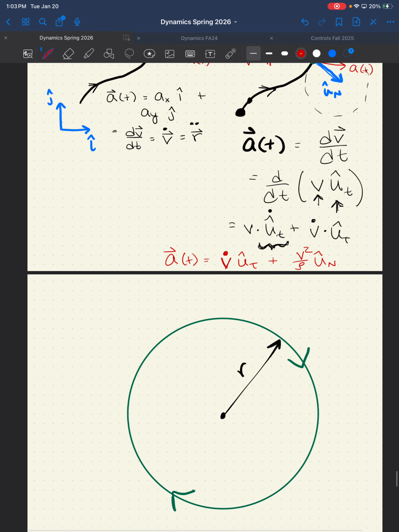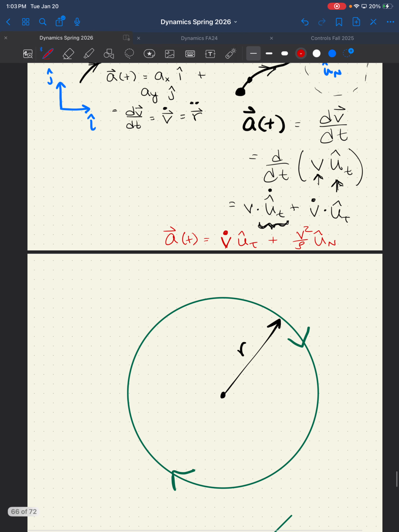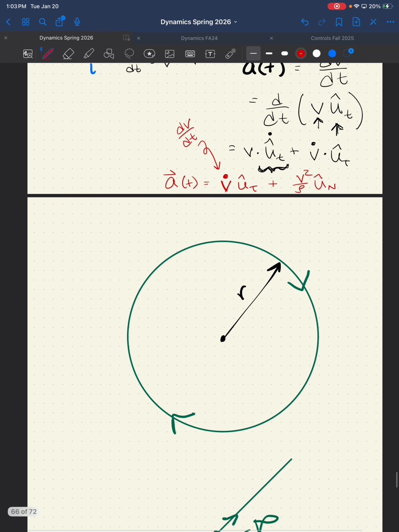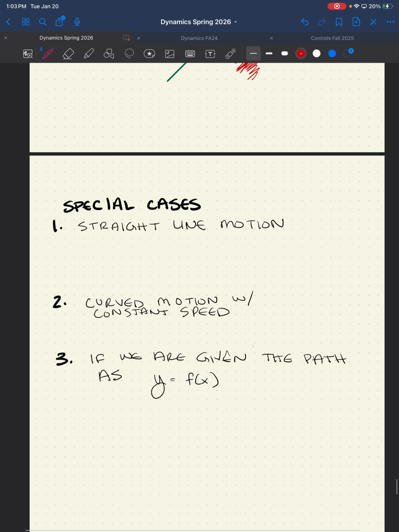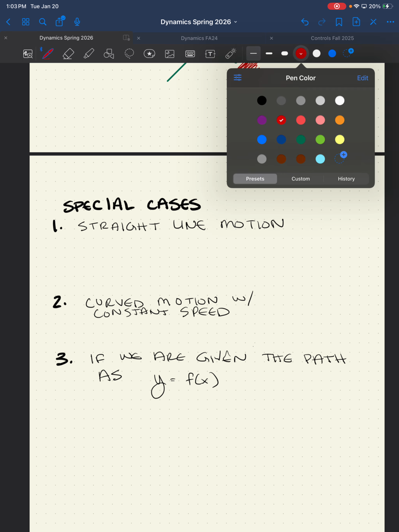Okay. Let's talk about what happens if we have constant speed. Does something else go to 0 if I have constant speed? All of acceleration? The tangential acceleration. Yes, just the tangential acceleration.